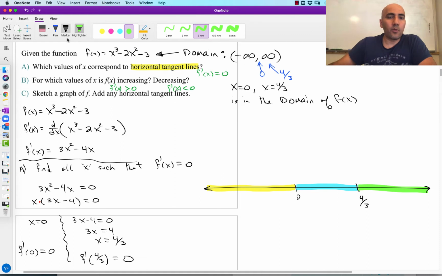I'm going to pick a test point from each of these places. It doesn't matter which one you pick, so why not pick a nice easy one? 4/3 is a little bit bigger than 1, so 1 is a nice test point.